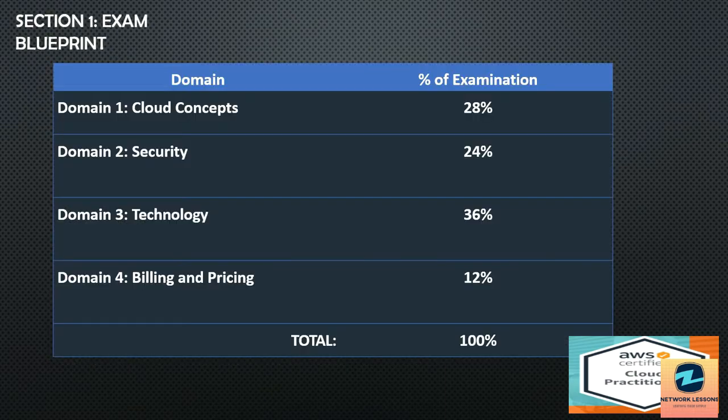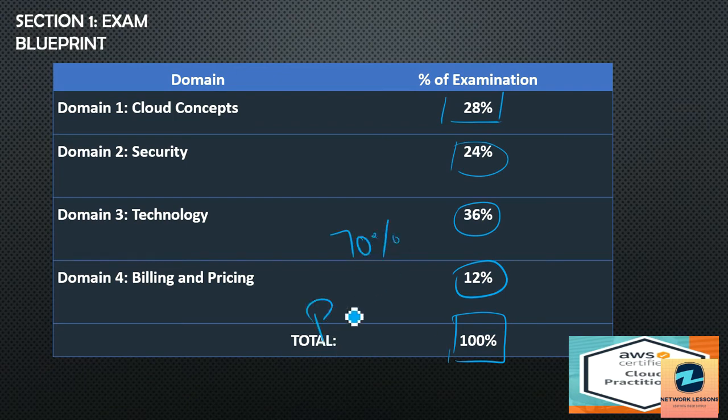Yeah. And then you have the weightage of the exam. So these 4 modules and their respective weightage: cloud concepts will have 28%, security is 24%, technology 36%, and billing and pricing is 12%. In total you have 100%, and then you should score a minimum of 70% to pass this exam, right?